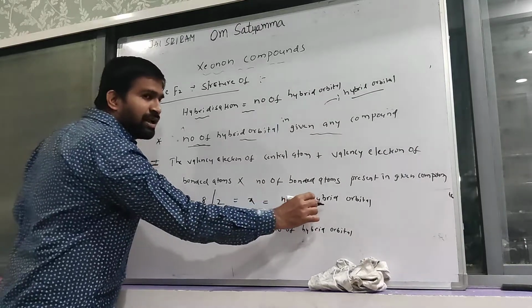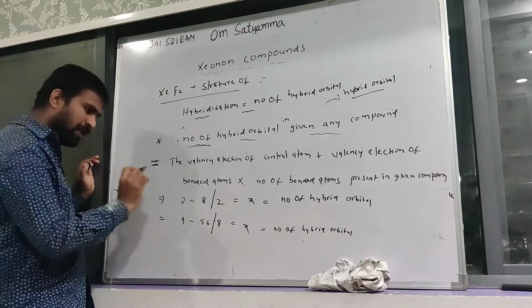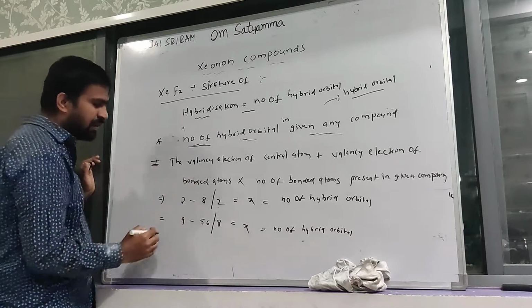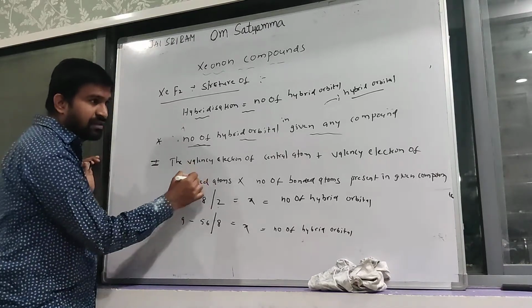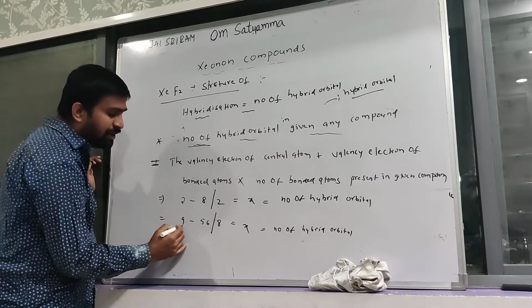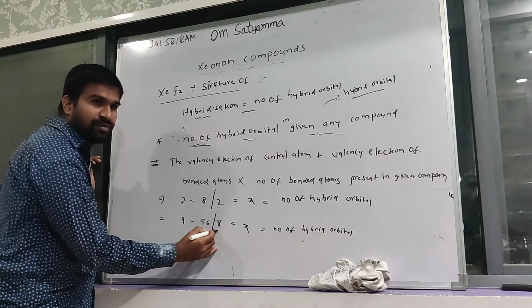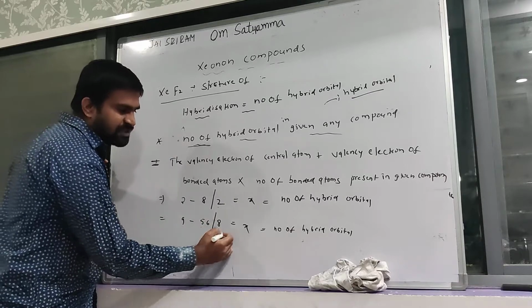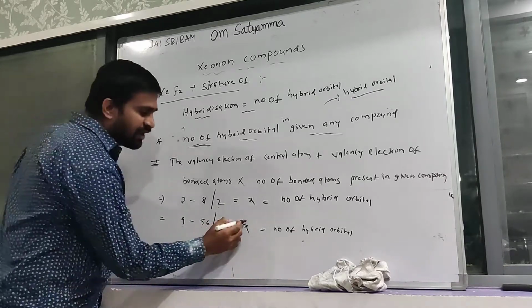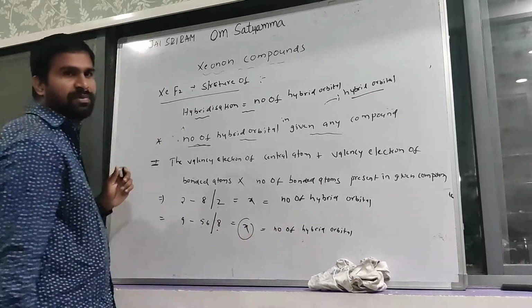That value is equal to the number of hybrid orbitals. But in the other case, if that value is between 9 to 56, divide this value by 8. After this, some value comes, and that value is also equal to the number of hybrid orbitals.